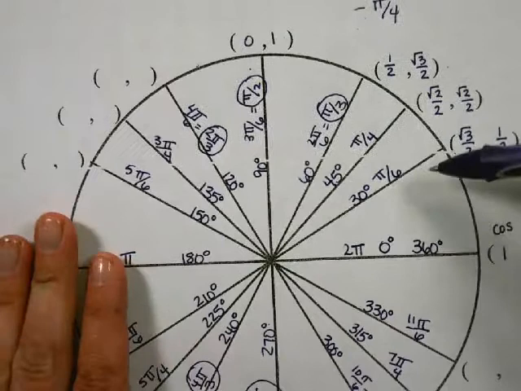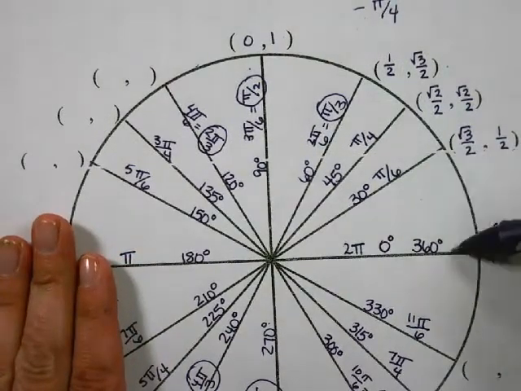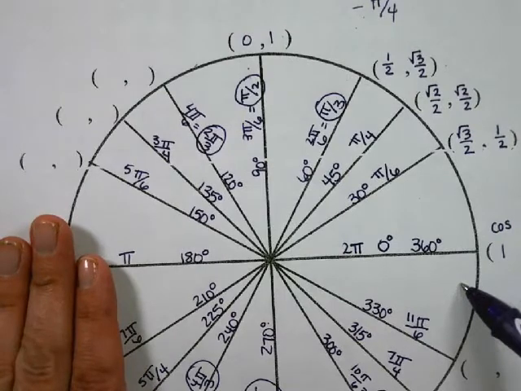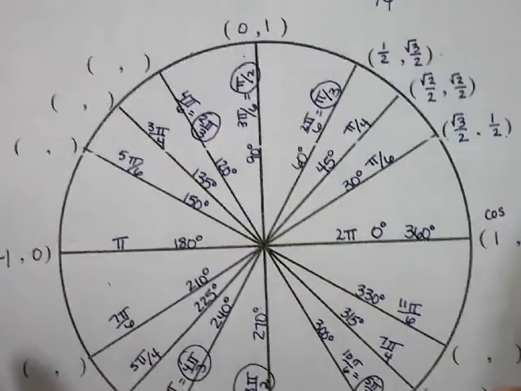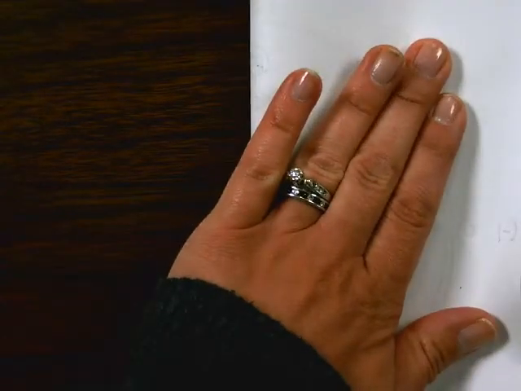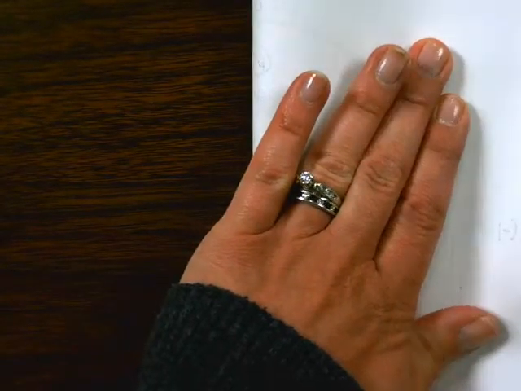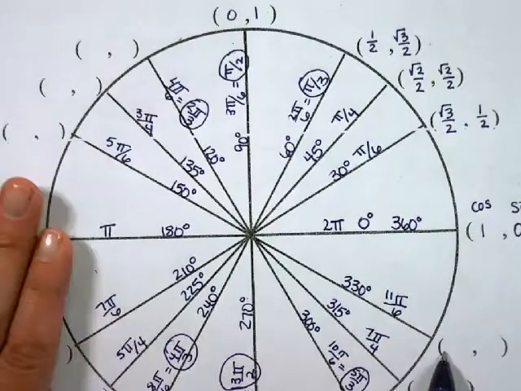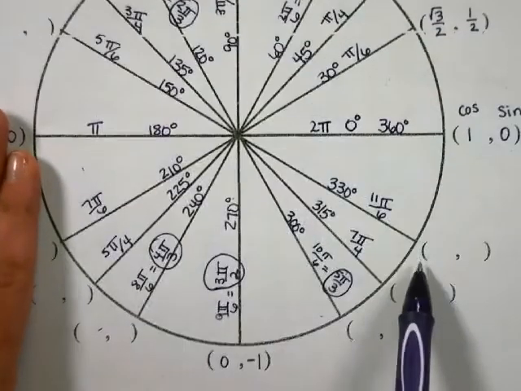Remember that the reference angle for 30 here is the same as the reference angle for 330. In fact, this guy has so many lines of symmetry. I can do a line of symmetry this way across my y-axis, or I can do a line of symmetry across my x-axis. But let's just go down here to quadrant 4. What do you know about ordered pairs in quadrant 4?